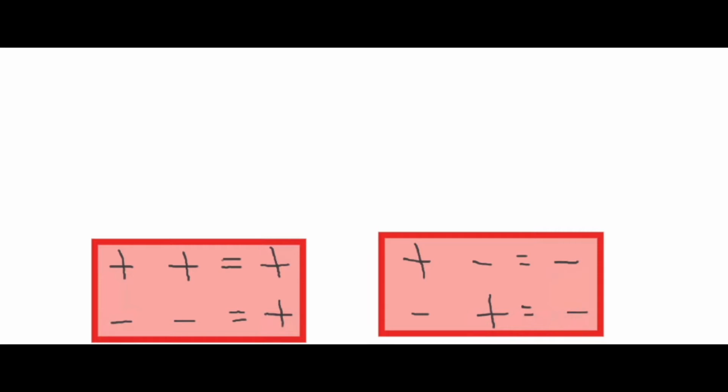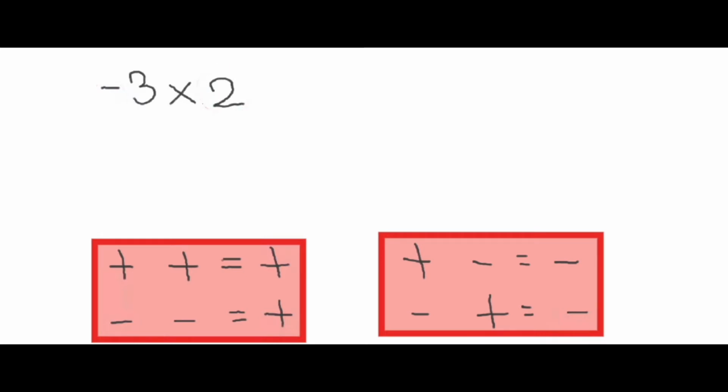So let's do some sums with these rules. So I'm going to take minus 3 multiplied by 2. So according to the rule, different signs, because I'm having a minus 3 and a plus 2 here.